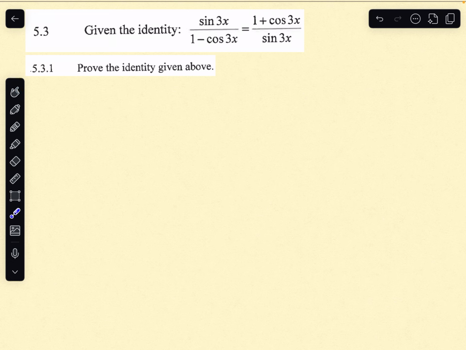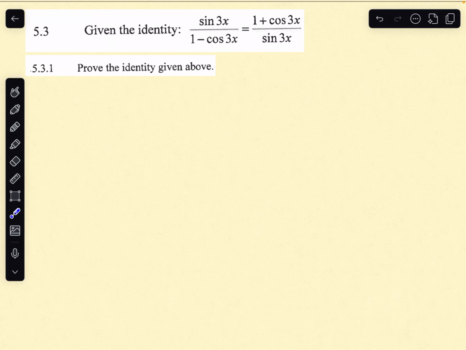I've seen an identity that looks like this except without the threes. So I think I kind of know what to do. At first it looks a bit weird because it looks like we're flipping the fraction around, but here it's a minus and there it's a plus.